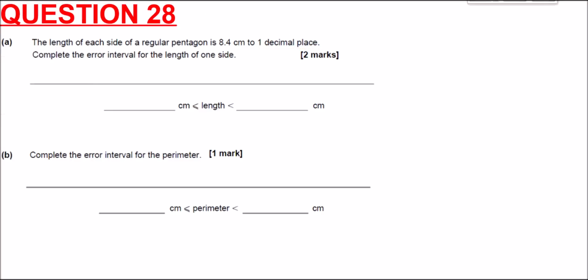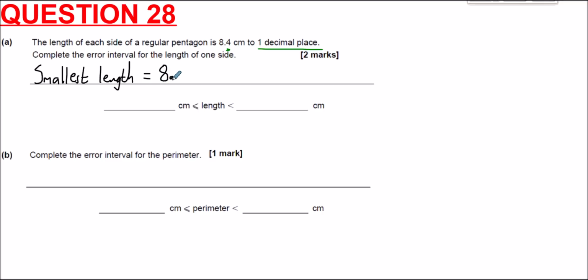In fact, I'll use a different colour. 1 decimal place has been rounded to this number here before. And so what we need to think about is what's the smallest possible length we can imagine but would still round up to 8.4 when we round to 1 decimal place.